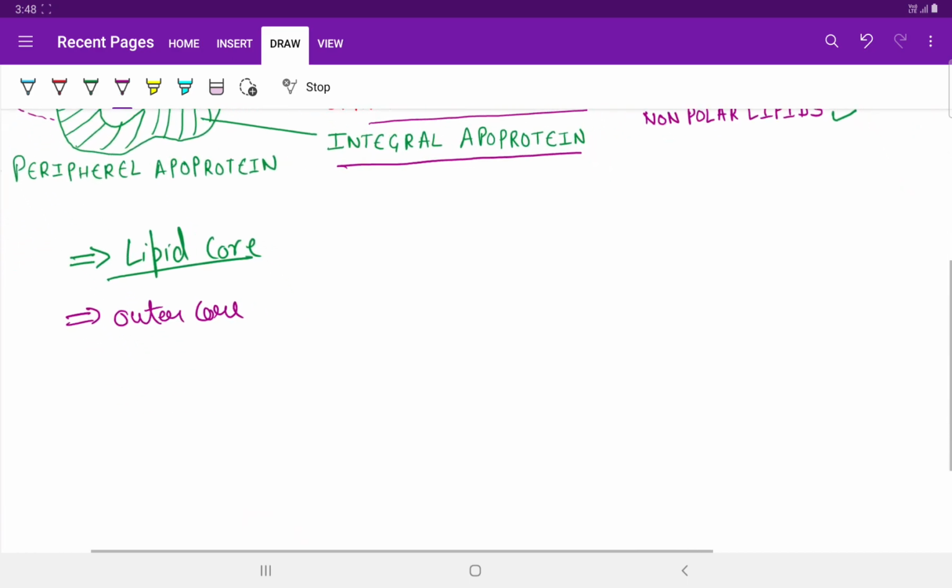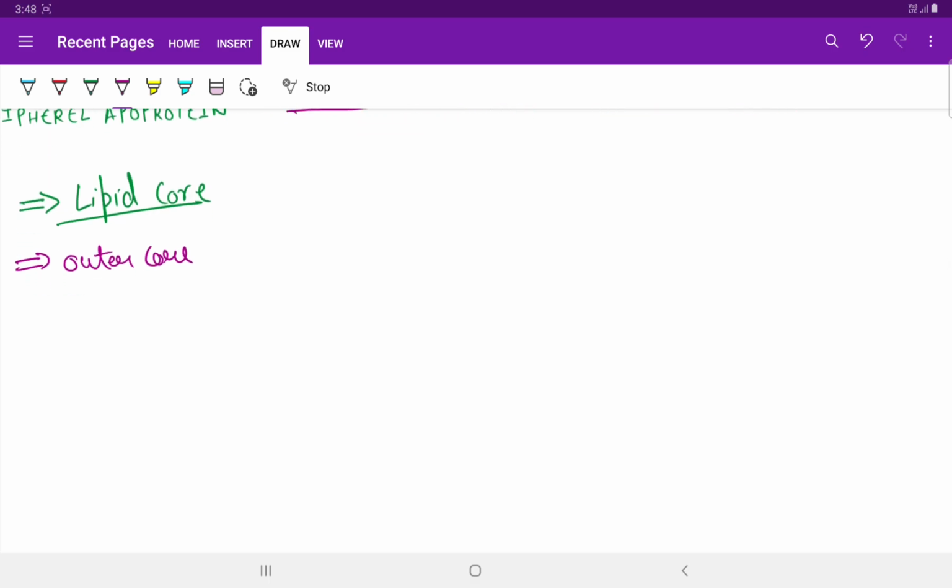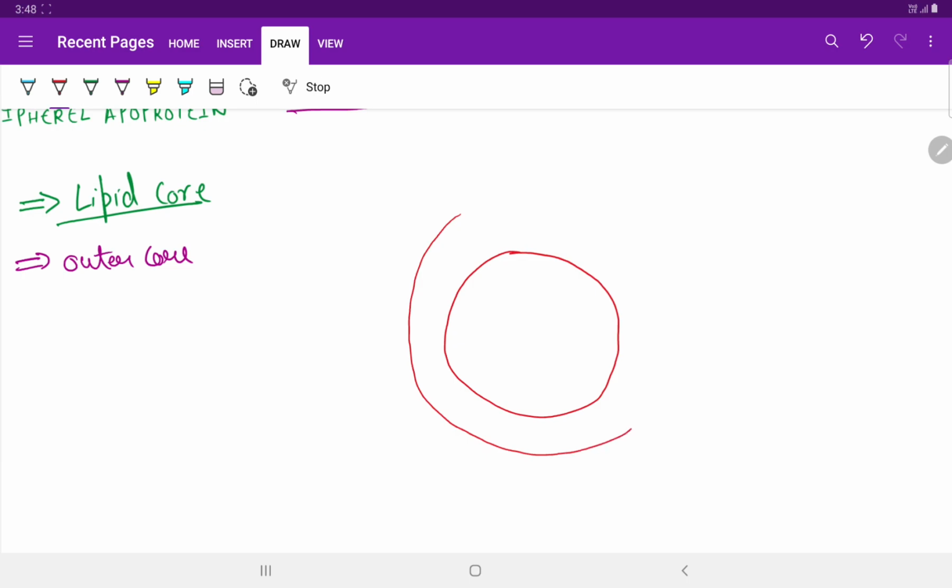Now let us once again construct a simple structure for lipoproteins. As you all know, let us first make the outer shell or the coat. This is the outer shell or coat. It will constitute the apoproteins.